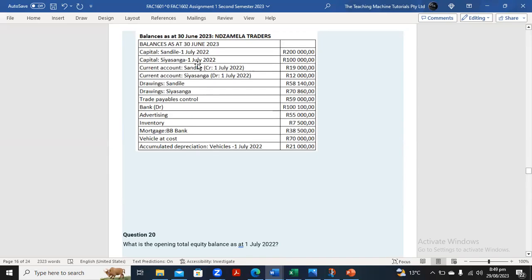We need to say capital Sandile 200,000, capital Sianga plus 100,000, current account Sandile plus 19,000. When we consider the current account of Sianga, we need to subtract because it's debited.